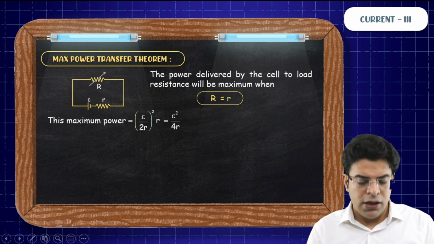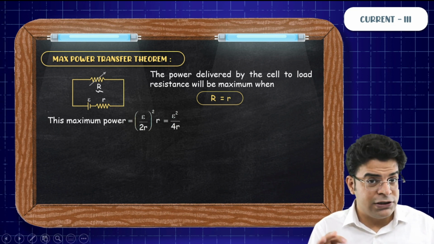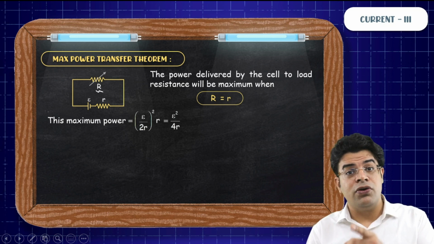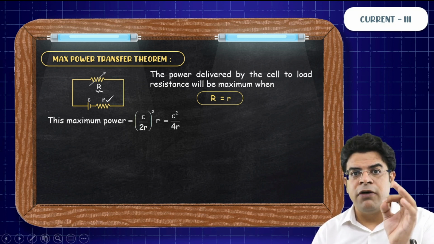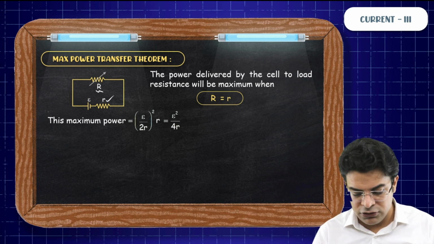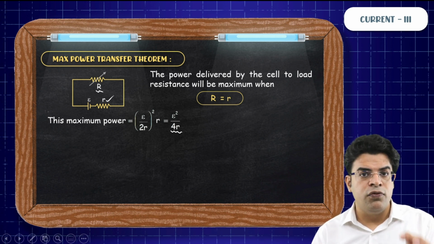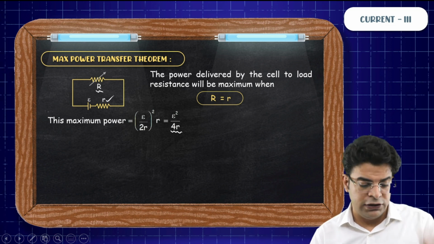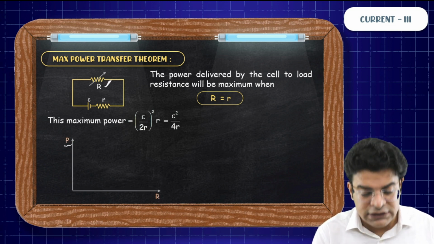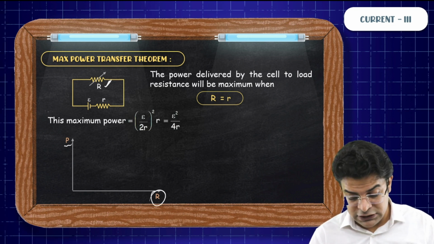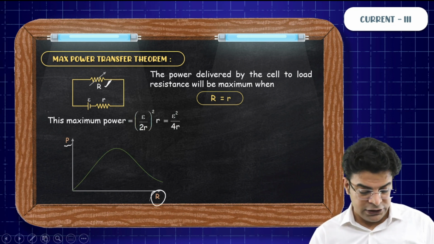So remember that the power dissipated by the load resistance is maximum when it is equal to the internal resistance of the cell. And the value of this maximum possible power dissipated by the load resistance equals EMF whole square upon 4 times the internal resistance of the cell. If we plot the graph of power dissipated by the load resistance versus the load resistance, the graph looks something like this.